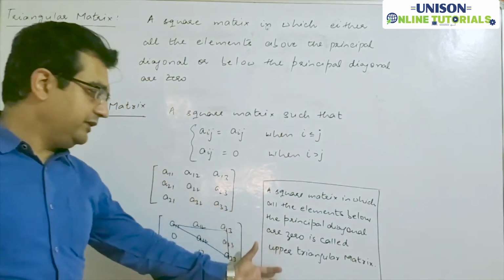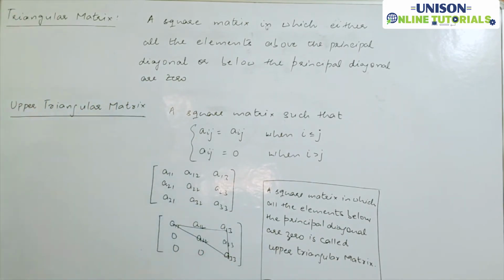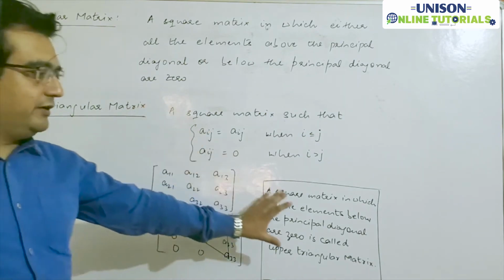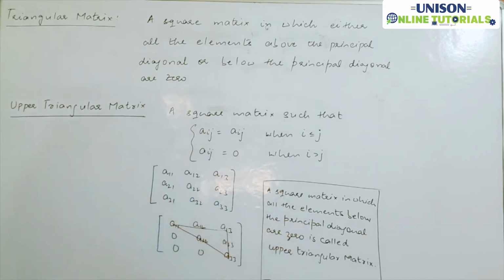So it is again one type of a triangular matrix. So either you can write this definition or you can write this definition. This is an example. This is how upper triangular matrix is formed.